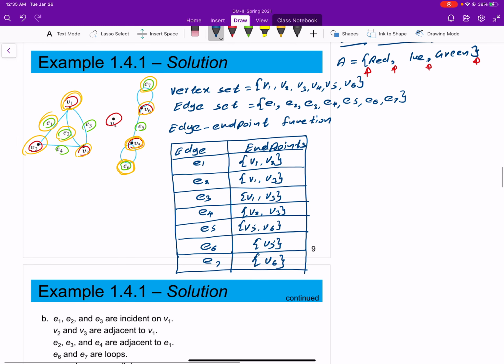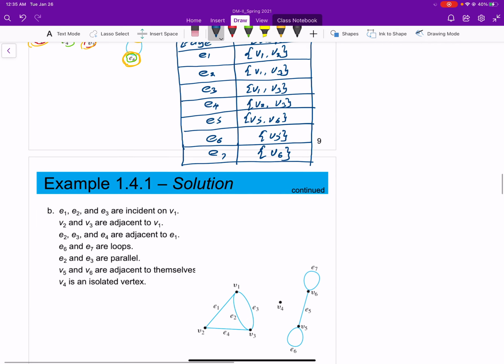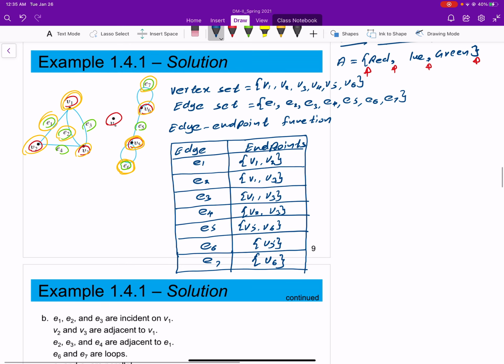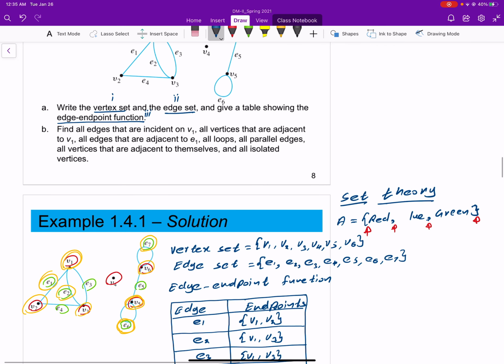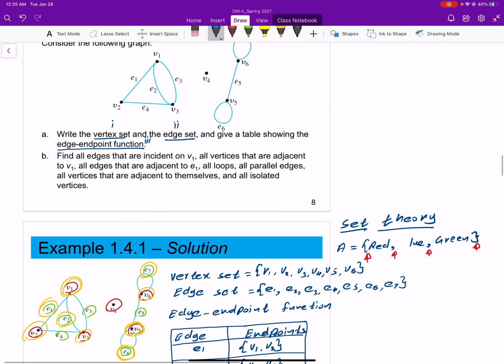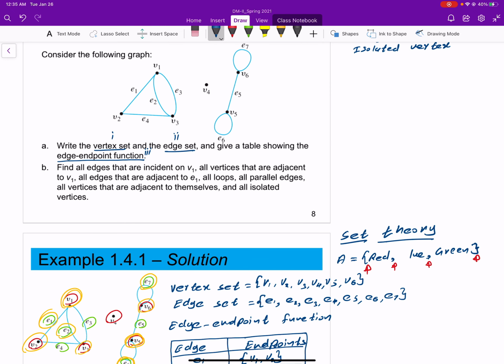Right, so that is the solution for part A. Now we just move to part B. Part B says find all edges that are incident on V1.